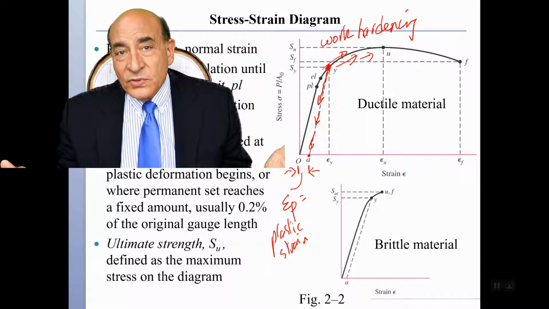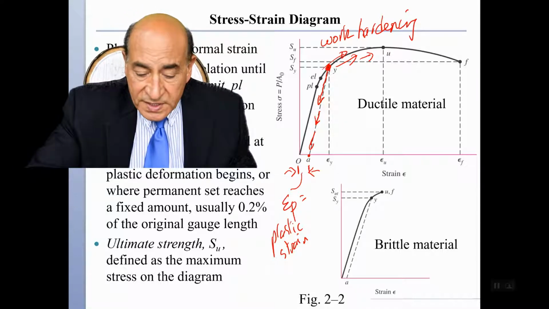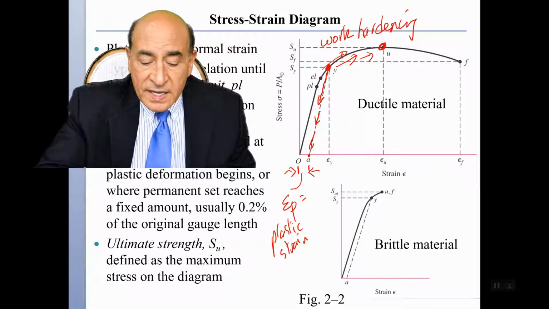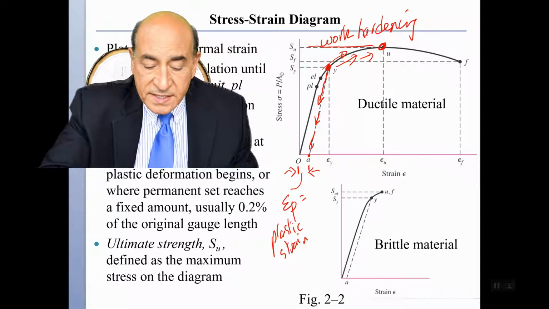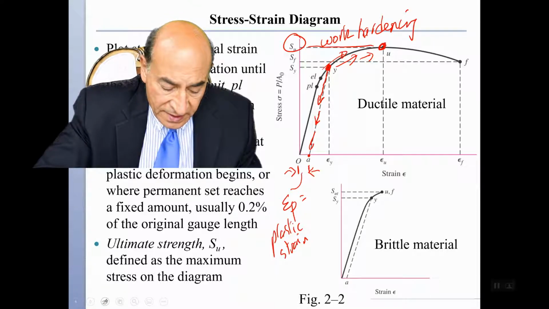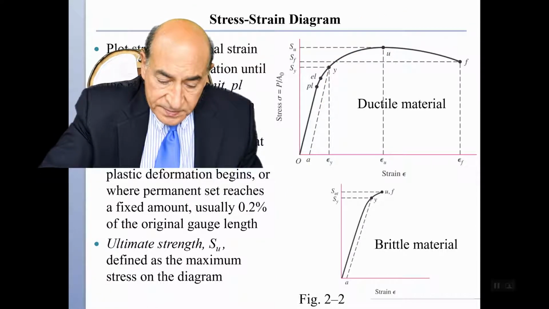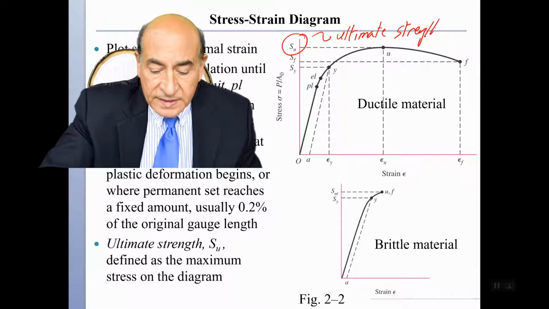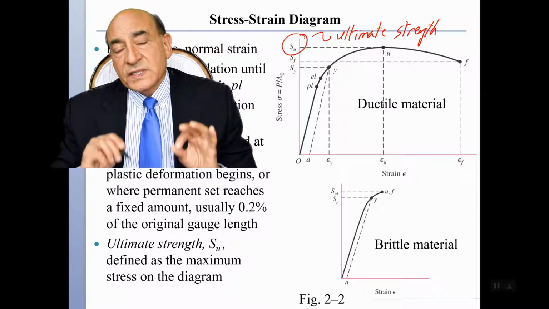material continues to deform. So the maximum point here on the engineering stress strain curve is the ultimate stress, S_U. So if we look back here, then S_U is now the ultimate stress of the material, or ultimate strength rather than stress. So we use ultimate strength.